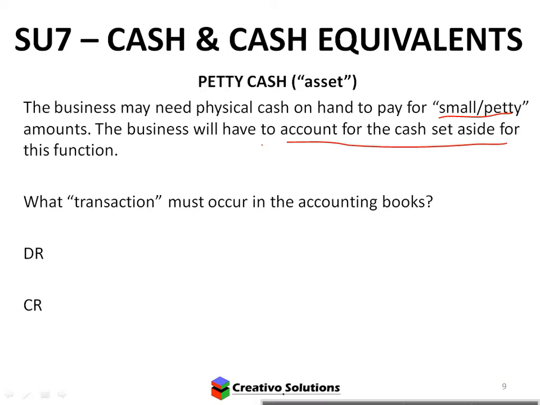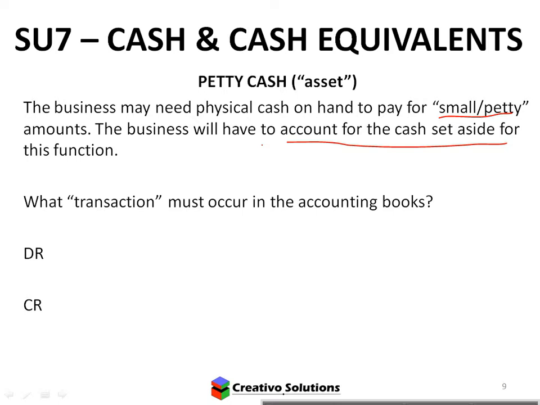So if I'm going to be creating petty cash, what am I going to do to create it? Apply your accounting knowledge. Where does petty cash come from? Let's start there. The bank. So what's going to happen to the bank? It's going to decrease. Where does bank decrease?